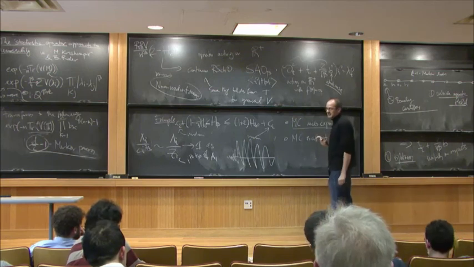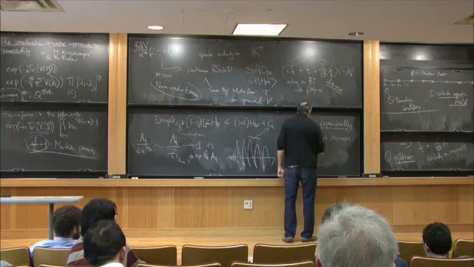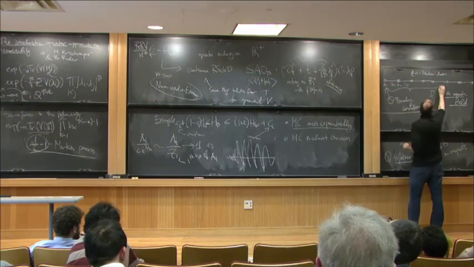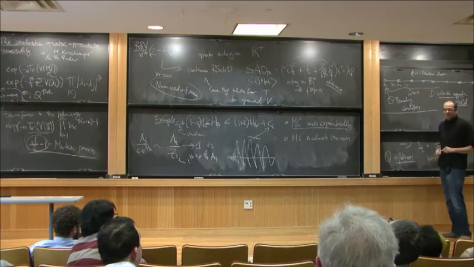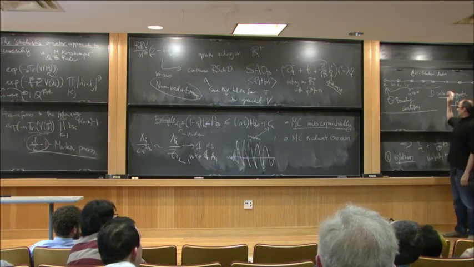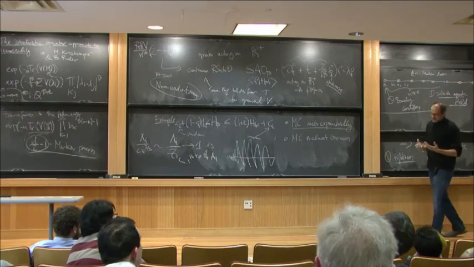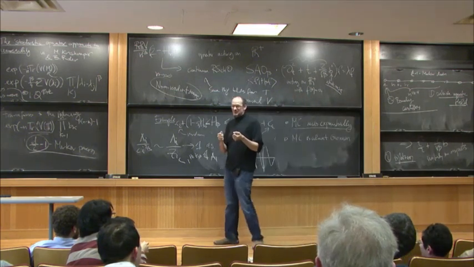What do I mean by that? I can give you a precise statement. If you look at a chunk of this Markov chain of length n to the 1/2 minus epsilon, and you look at its Gaussian approximation, it's really an n to the 1/2 minus epsilon dimensional random variable.